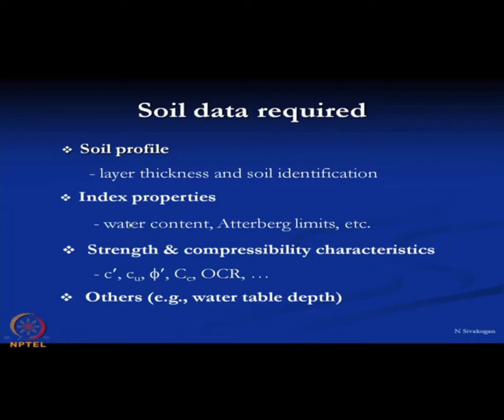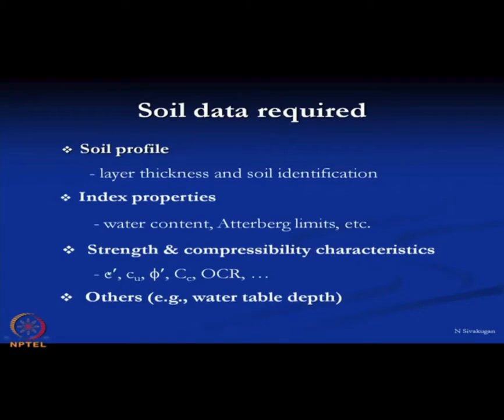In the first lecture I mentioned the index properties like water content, Atterberg limits, etc. Then strength and compressibility characteristics, that means c dash, the cohesion, then undrained cohesion of the soil, phi dash, the friction angle or internal friction angle of the soil, then Cc, the compression index, and OCR, the over consolidation ratio. These things we should know. Then the other is the location of the groundwater table, where it is located.